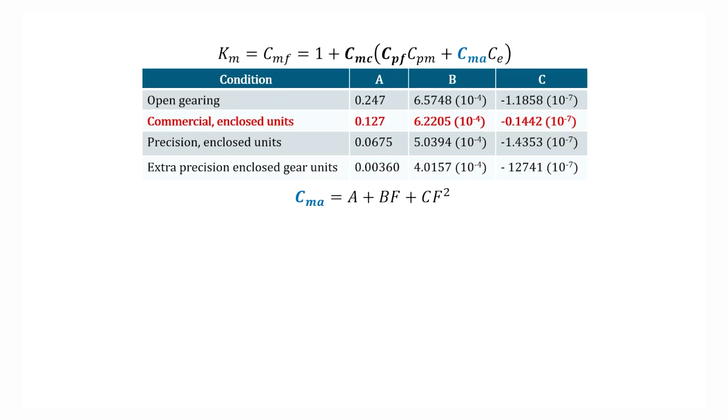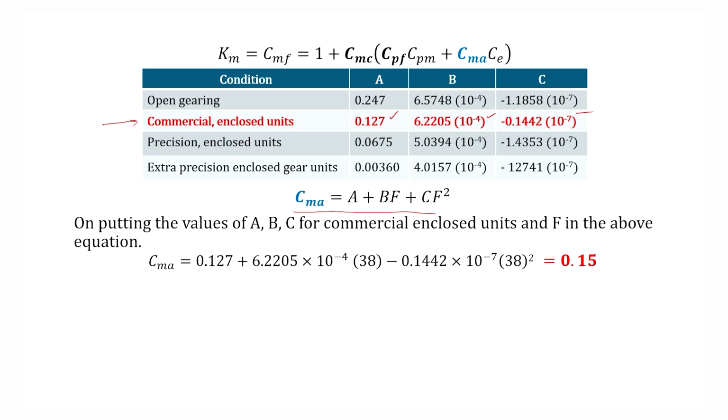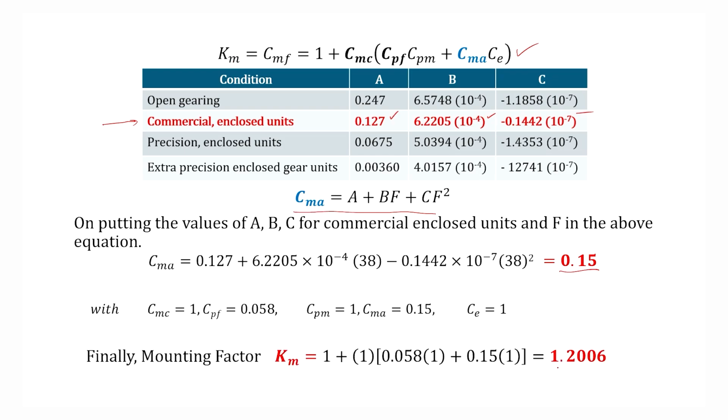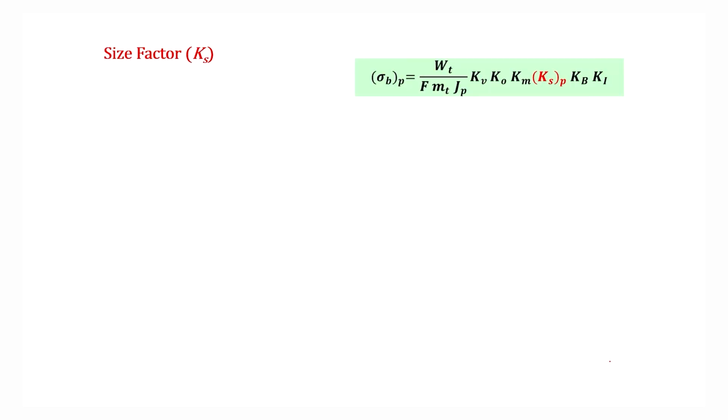Then finally, CMA is obtained with the help of this formula, and considering that we have a commercial enclosed unit, getting the values of A, B and C and substituting in this, we get the value of CMA. So after getting all the factors, substituting them in this equation, the Km is obtained as 1.206.